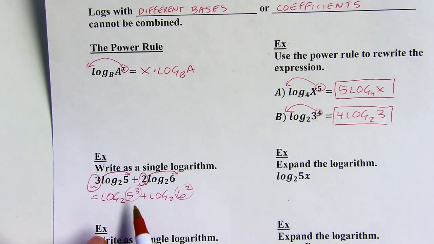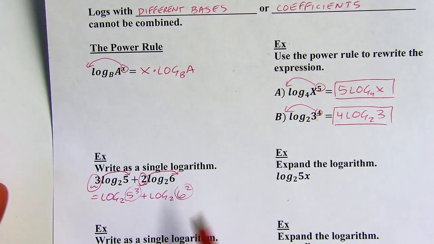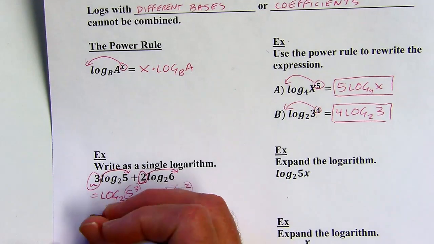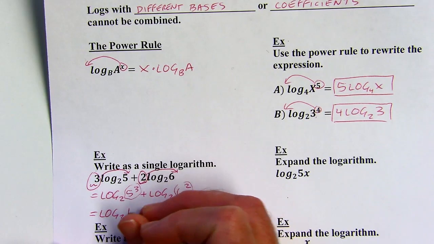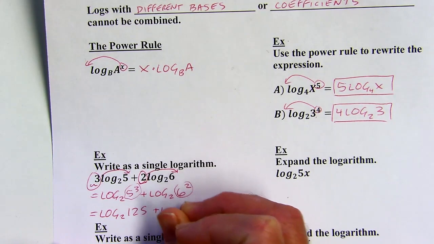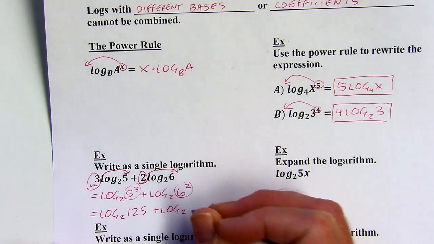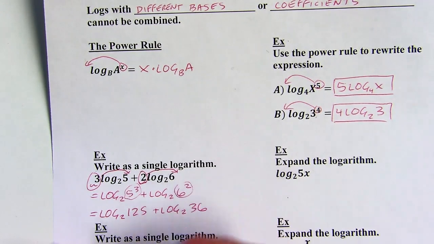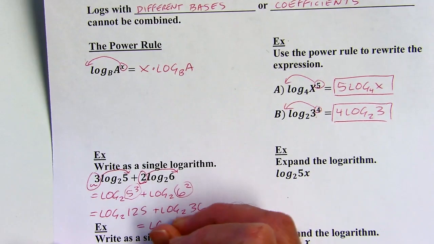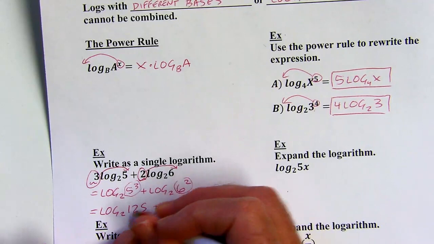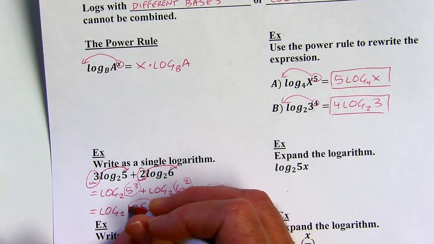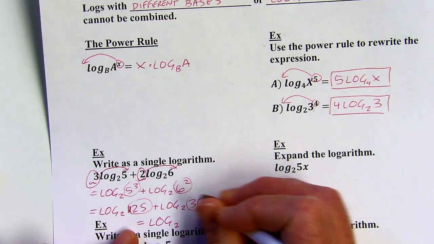Okay, and you could do the exponents right now, or you could do it later. It doesn't really matter. So here I'll simplify a little bit. 5 to the third is 125, and 6 squared is 36. Okay, so when I combine this into one log, I'm going to be multiplying 125 times 36.